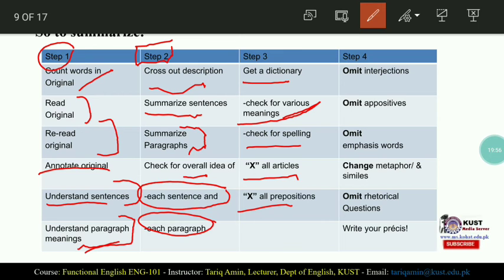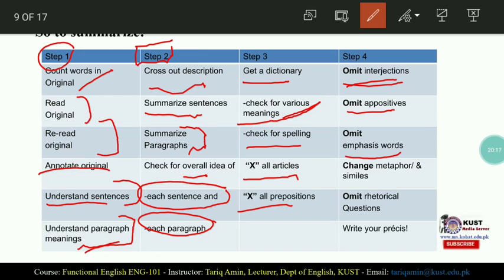After that, the fourth step is to omit interjections from your précis, omit appositives, and we discussed what appositives are, and after that omit emphasis words. If there are words that are used for emphasis purposes in the original piece of writing, you need to omit them as well.